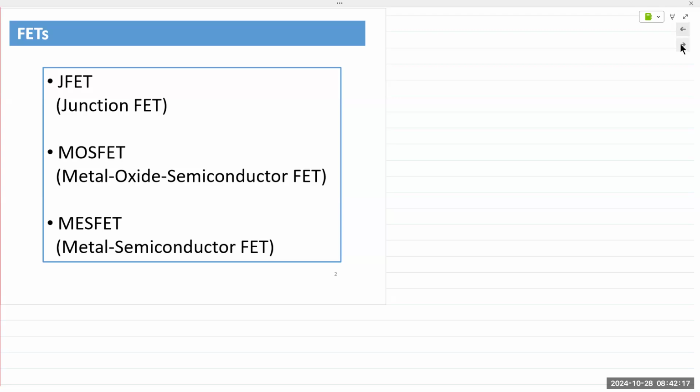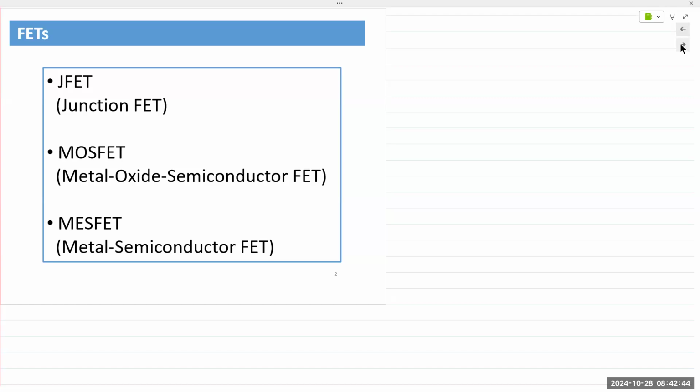Over the years, MOSFETs have become the de facto choice of building electronic circuits. Nowadays, nearly every IC, nearly every chip that we use in today's devices is made from MOSFET technology. When MOSFETs were first invented, there were two kinds, PMOS and NMOS, and we'll look at those a little bit later.